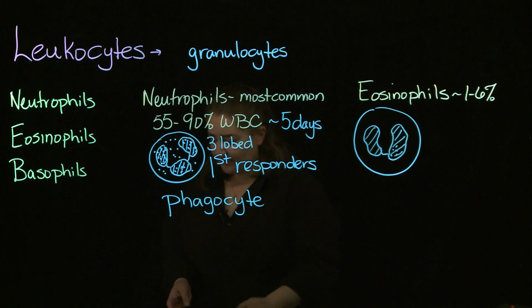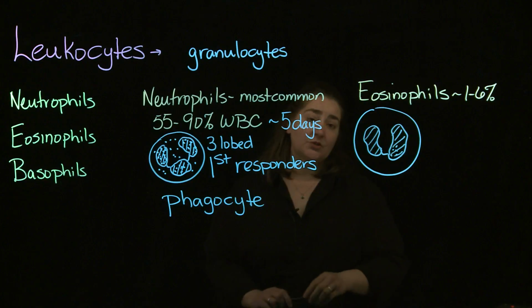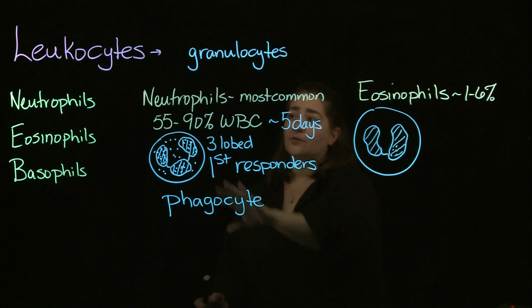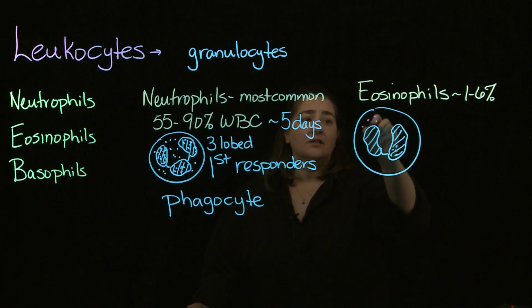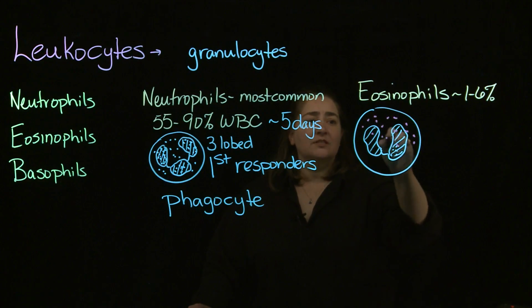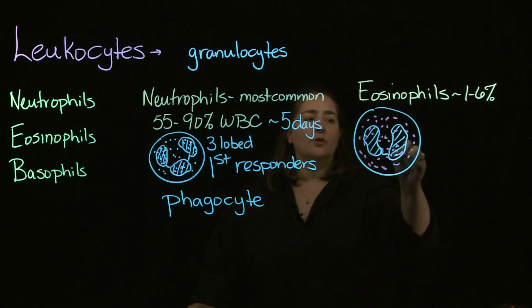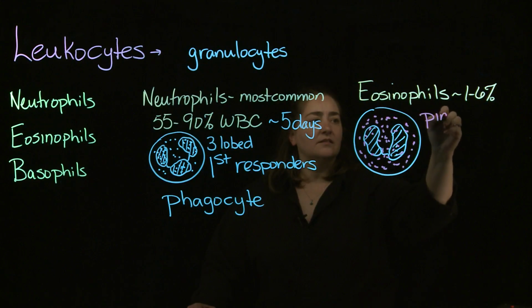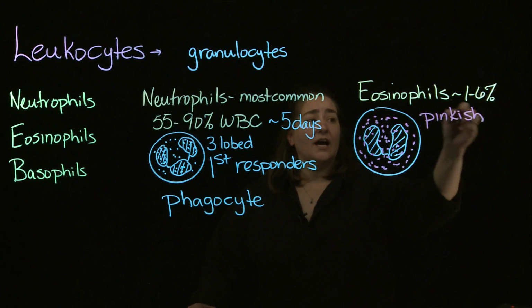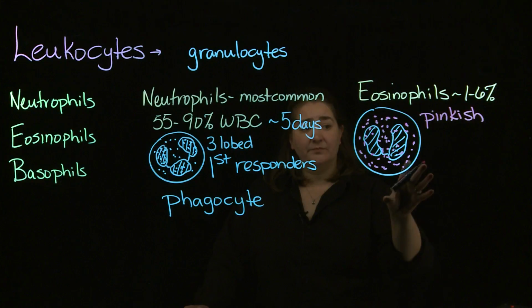One of the key differences between an eosinophil and a neutrophil, other than the number of lobes on the nucleus, is that the eosinophil, and I'm going to do these in pink, has a lot more granules that stain with the dyes that are used to visualize the white blood cells.